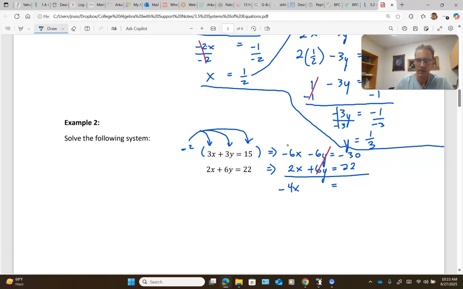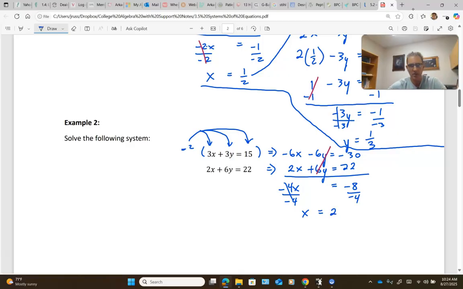Bring down my equal sign. And over here, -30 plus 22 will be -8. Then we can divide both sides by -4, and we end up with x equal to a nice 2. You'll find that this process is very repetitive.